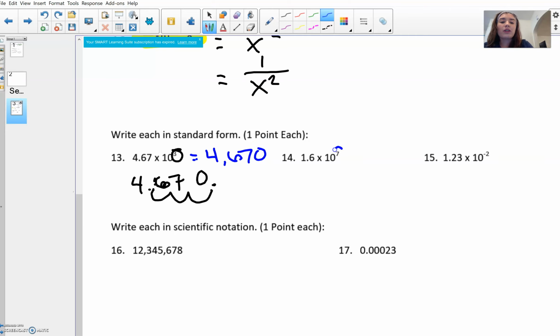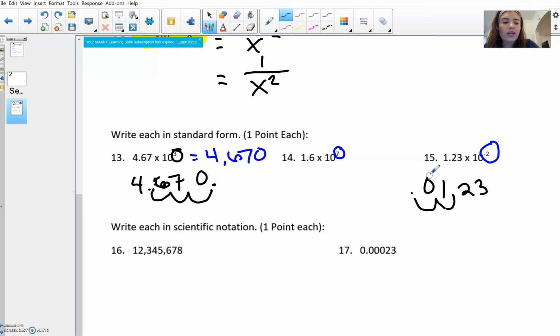You guys try 14. Remember that exponent is 7, so how many times are you going to move it to the right? 7 times. For 15, we have something different. We have 1.23 times 10 to the negative second power. So if we have negative exponents, that means that we're going to go to the left. So we have 1.23, and we're going to take it to the left 2 times.